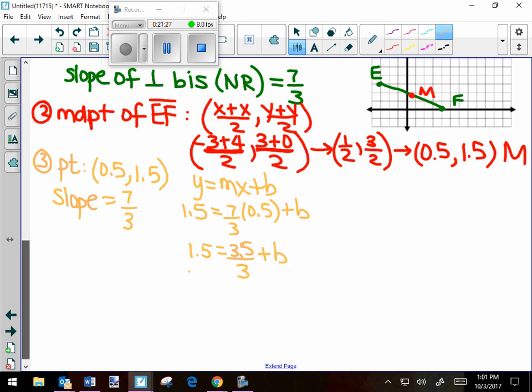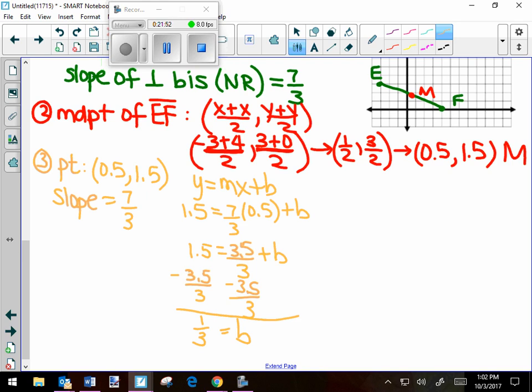And then I'm going to use my calculator and get that value. On my calculator, I get 0.3 repeating, which is 1/3. So my y-intercept is 1/3.